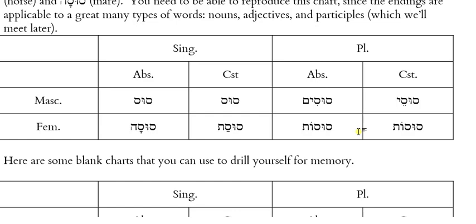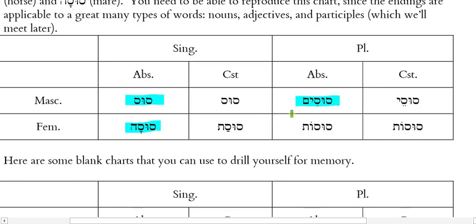Look at my absolute forms of sus. I'm going to put those in blue. The absolute forms of sus are sus for a male horse, susa is a female horse called a mare, susim is my masculine plural for horses, and susot is my feminine plural for mares.